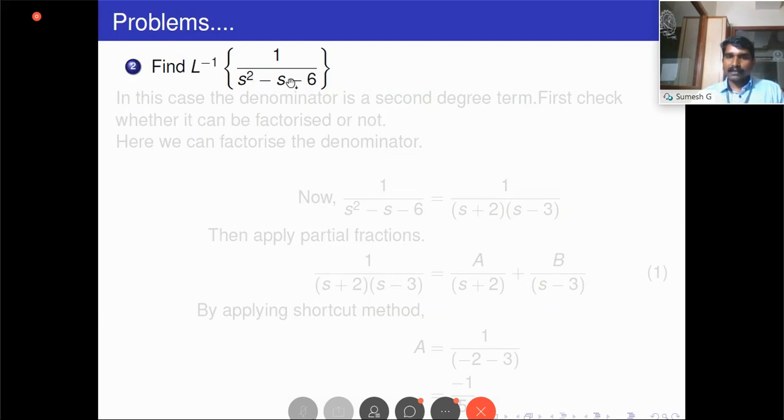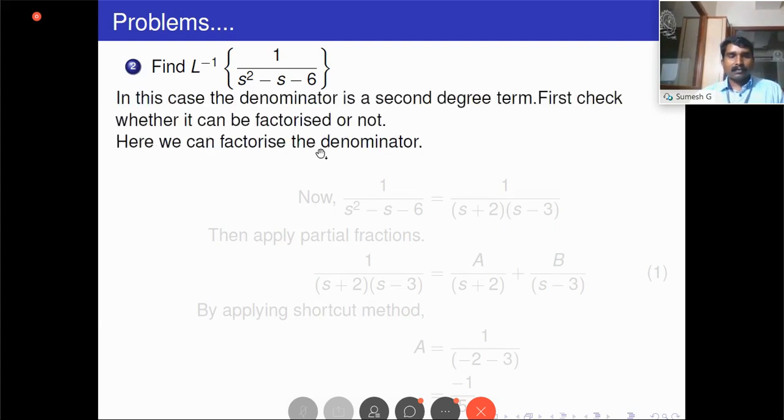First we have to check whether it is factorizable or not. Here we can factorize the denominator. The denominator can be factorized as s plus 2 into s minus 3. So this expression becomes 1 by s square minus s minus 6 equal to 1 by (s plus 2) into (s minus 3).